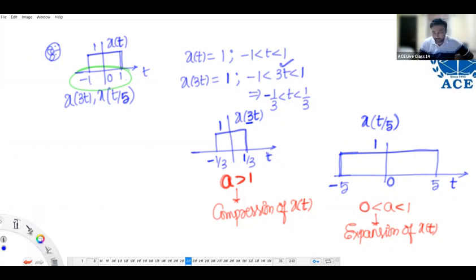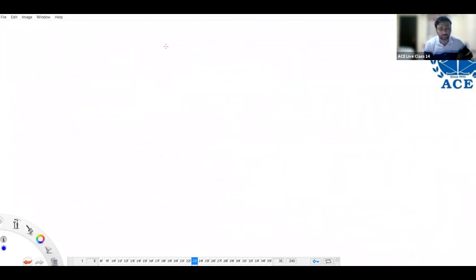Okay, let us see the shifting operation for the same graph. Suppose for the same signal, of course our original signal covers from -1 to 1.